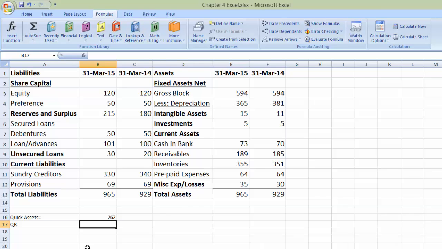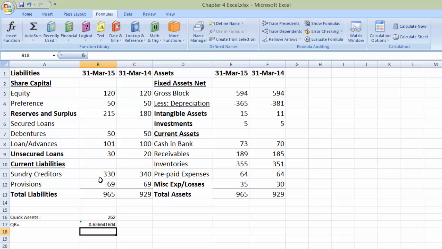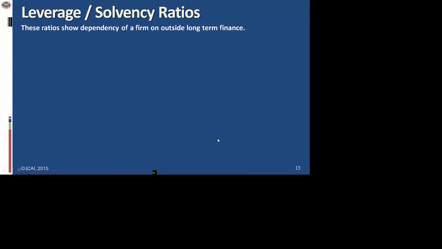Quick ratio equals quick assets divided by the sum of current liabilities. That is the output of the quick ratio.